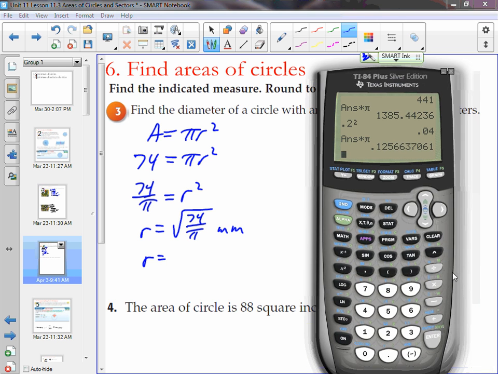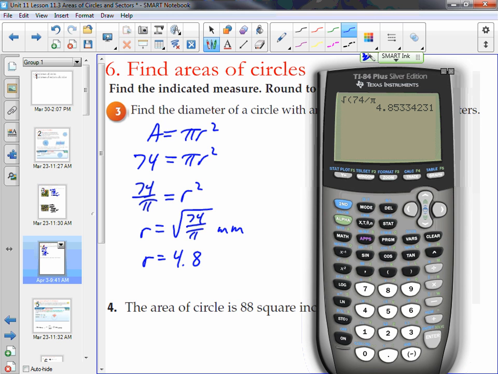Now it's calculator time. So let's do the square root of 74 divided by pi. And the radius is, I'm going to write down 4.8, but I don't mean it. Don't round yet, because they want us to get the diameter.